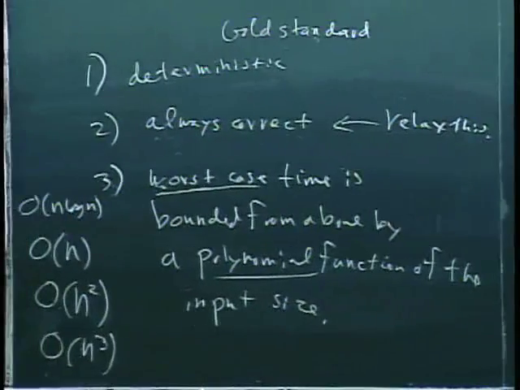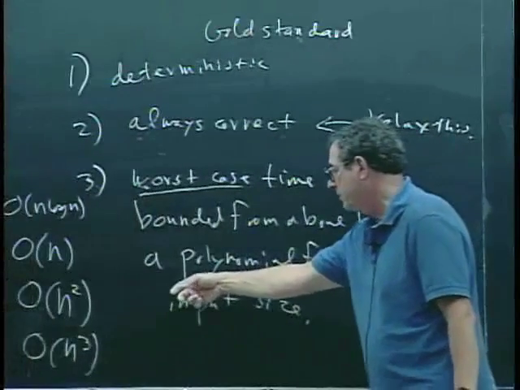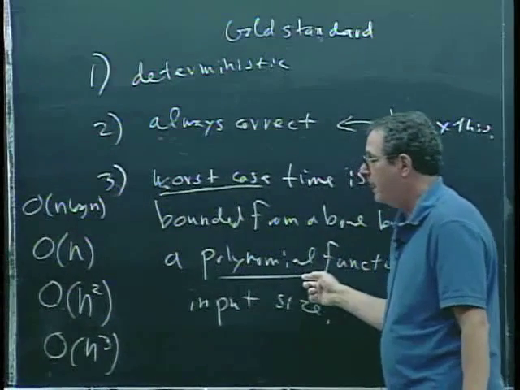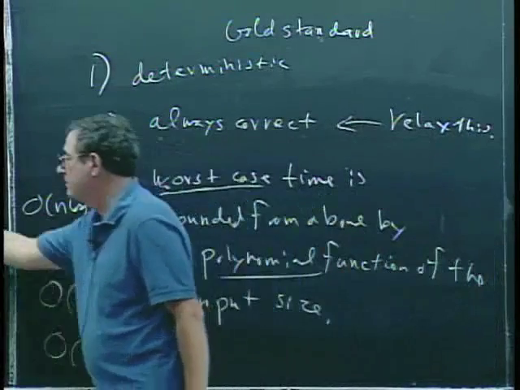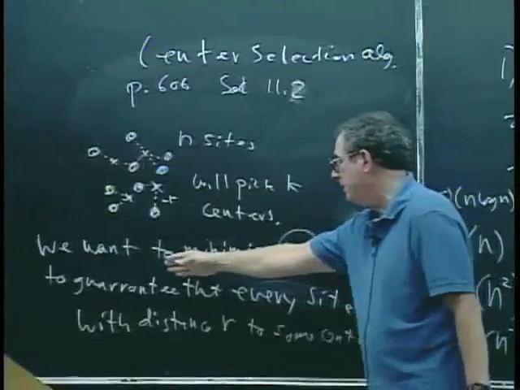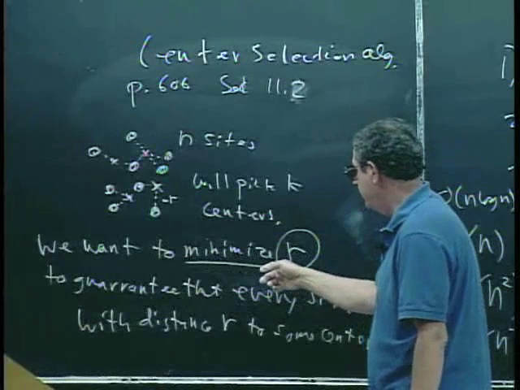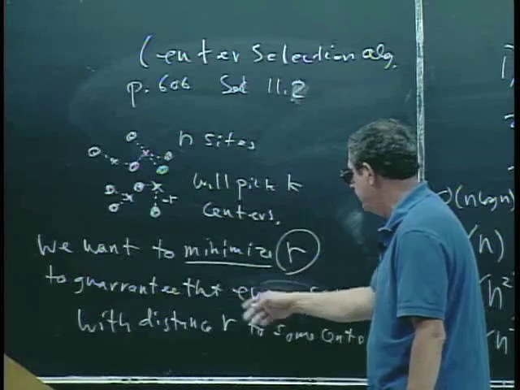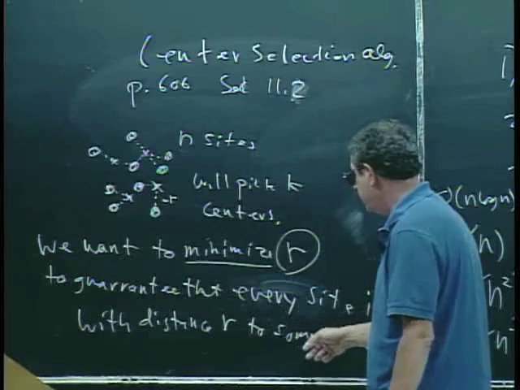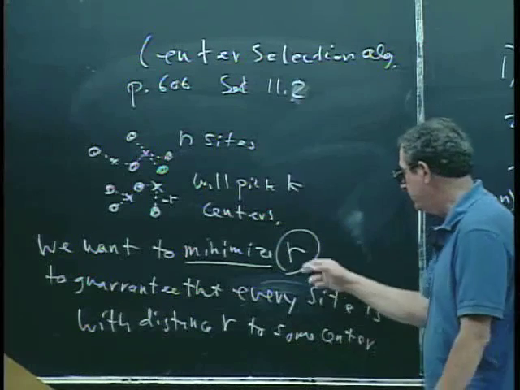But we do know approximation algorithms. We know an algorithm whose running time is bounded by a polynomial, and it picks k sites, and it's guaranteed that the distance of every site to some one of the centers that it picks is less than or equal to 2r.